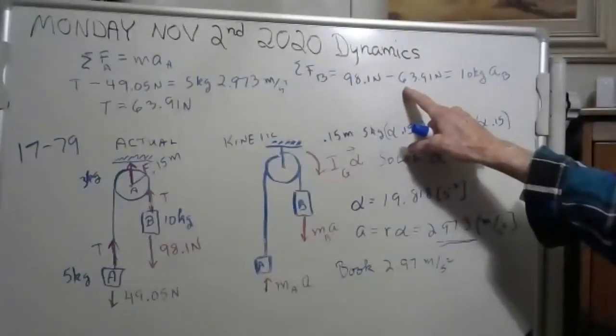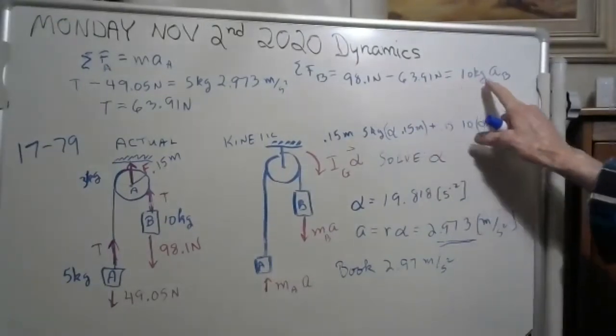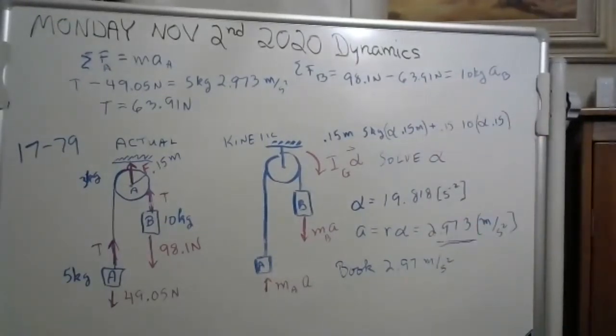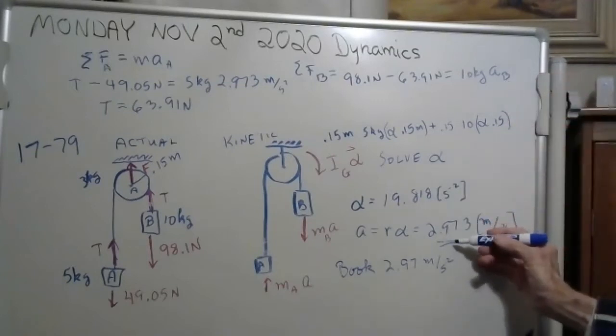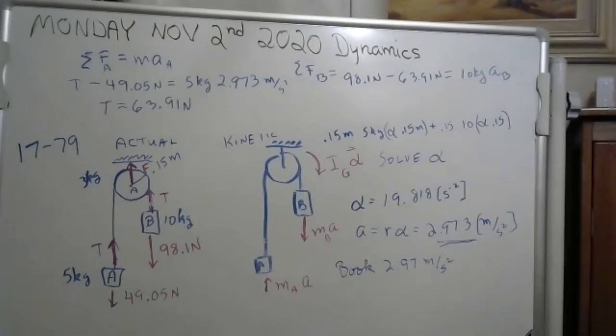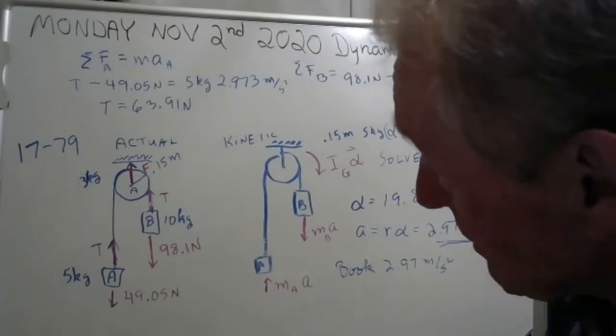And on this one here, we got 98.1 minus the tension equals 10 times acceleration of B. Well, I'm getting a different answer here. I've done something horribly wrong.